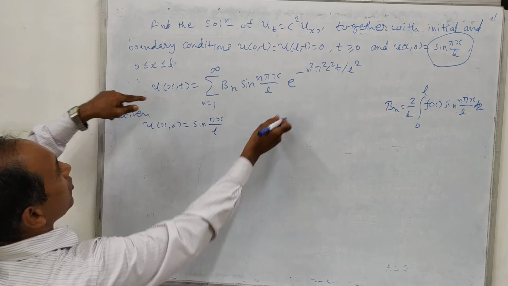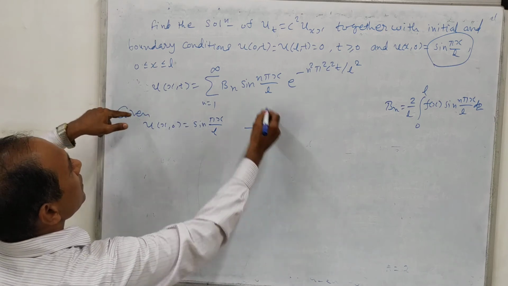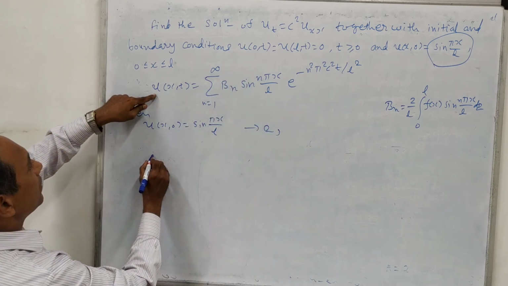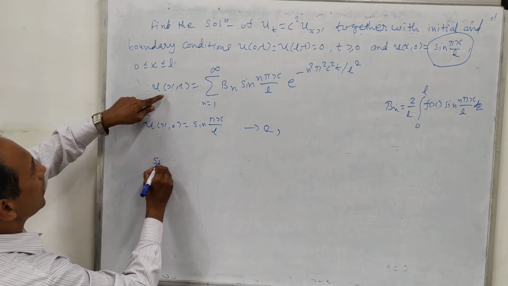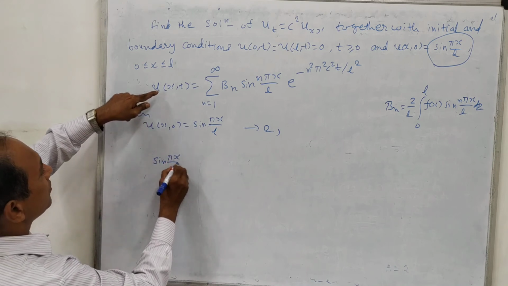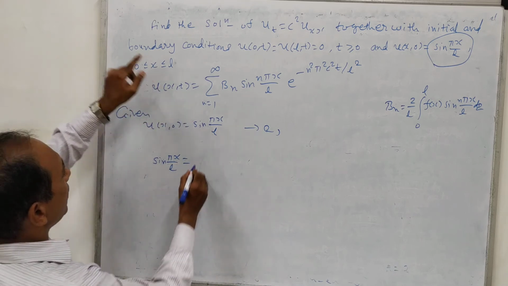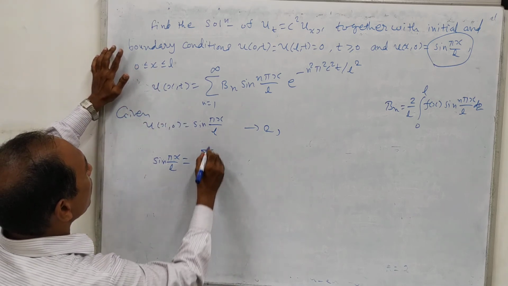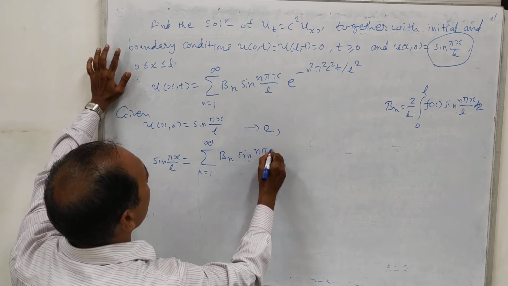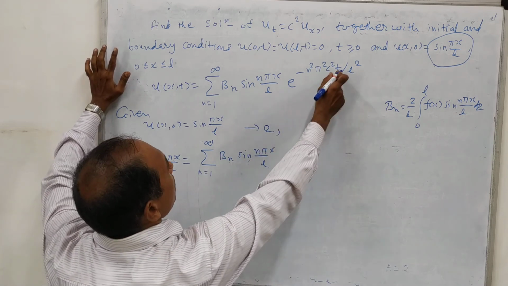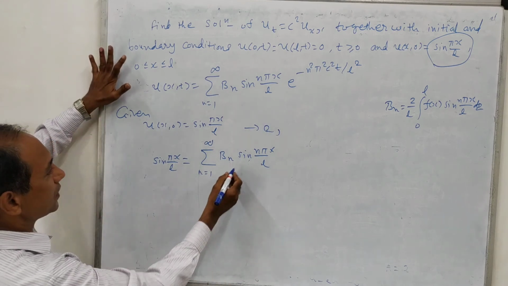You should write down that putting equation number 2 in equation number 1, we can have sine pi x upon L equal to sigma n equal to 1 to infinity bn sine n pi x upon L. T is 0, so e raised to 0 is 1.